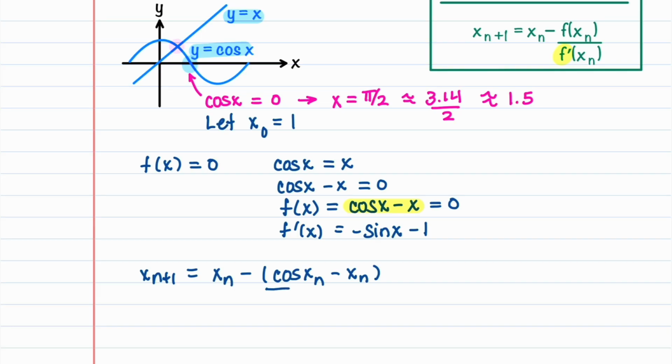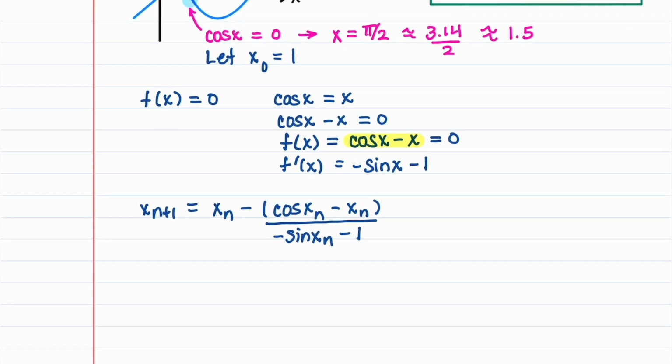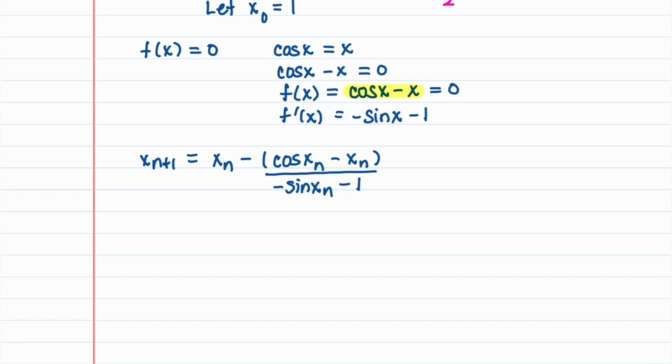And we're going to divide that by f prime at xn. So that is minus sine xn minus 1. Now we're ready to start getting our approximations. Let's write down that x0 is equal to 1.